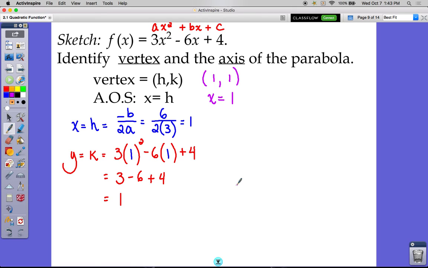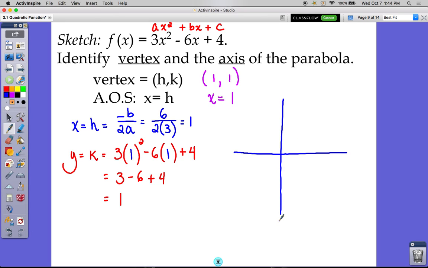It has to go through the vertex, so the x value of the vertex is also the axis of symmetry. Remember, this is a vertical line, so it has to literally read x equals. And believe it or not, that's enough for us to at least get started on the graph of our parabola. There's a couple other things we can do here that's going to help us sketch this graph.